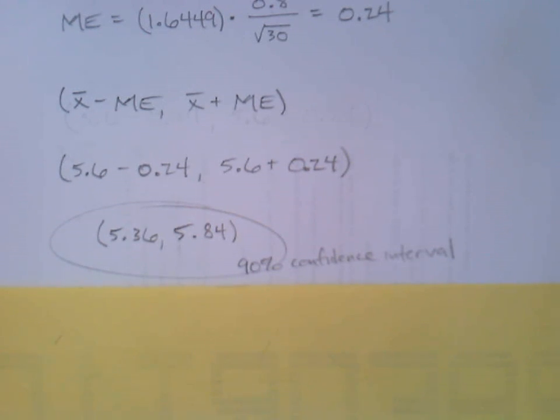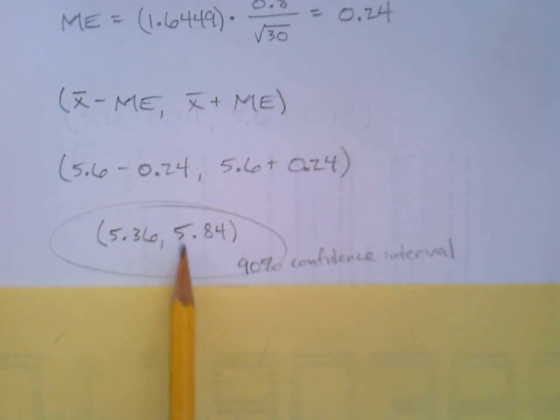To give the interpretation, we are 90% confident that the actual population average, population mean, falls somewhere between these two values. Our sample of 30 adults got us right in the center of this, 5.6, but we know that that's probably off by a little bit.